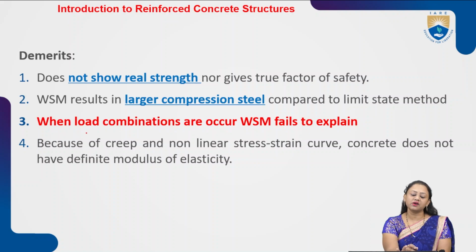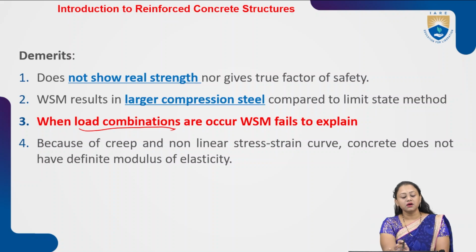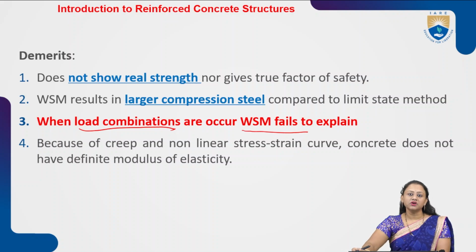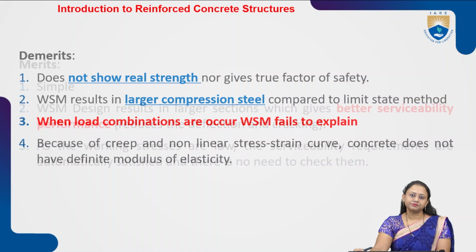That means when there is a combination of loads, such as a point load as well as a rolling load, the working stress method is inadequate. Because of creep and the non-linear stress strain curve, concrete does not have a definite modulus of elasticity. So these are some of the demerits of the working stress method.